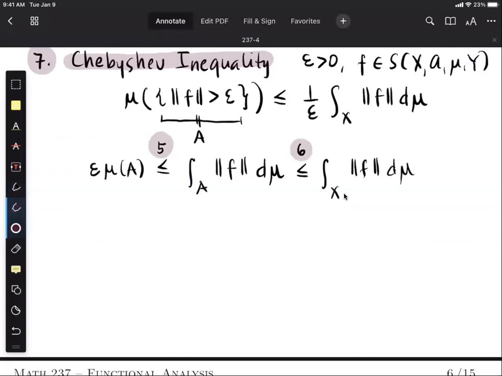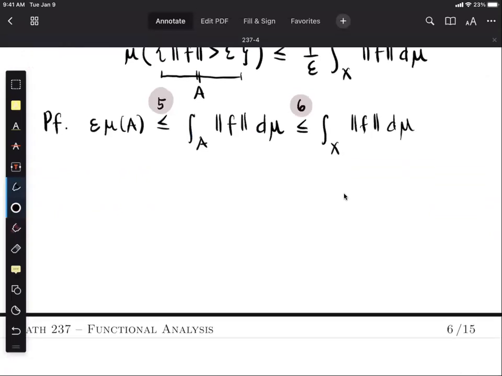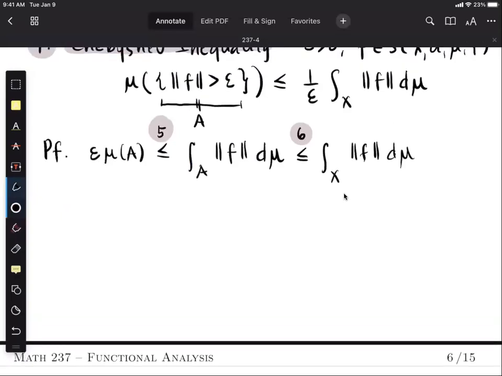And that's indeed the proof. And you get it by dividing epsilon on both sides. So that's the Chebyshev inequality.